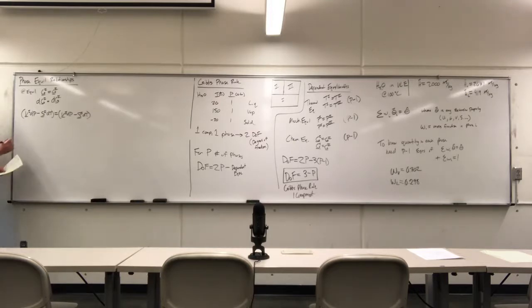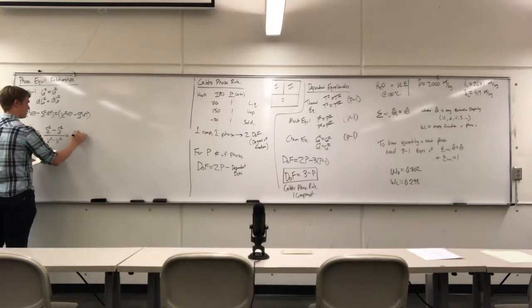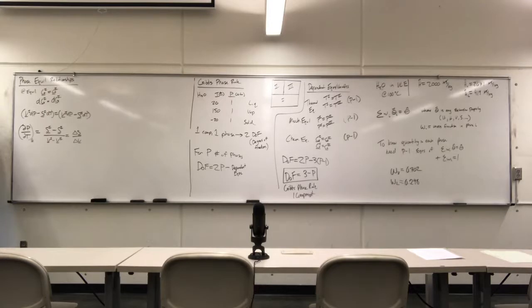So if we rearrange this expression and solve for the change in pressure with respect to temperature while holding the Gibbs free energy constant, which is going to be the case as we go across a phase transition, we can rearrange this expression for each of the two sides of the equation, and what we find is that we can relate the entropy and the volume change to look at the pressure.